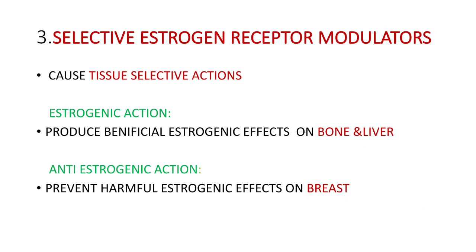Next class of drug is selective estrogen receptor modulators, that is SERMs. These cause tissue selective actions. They produce beneficial estrogenic effects on bone and liver and prevent harmful estrogenic effects on breast tissue.